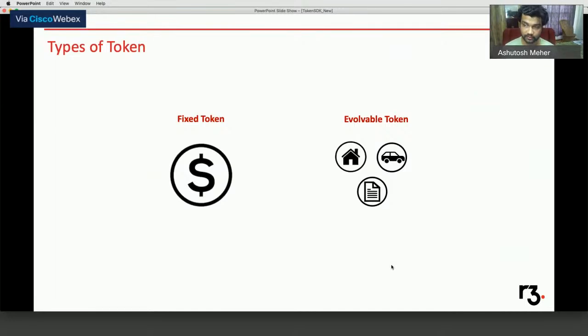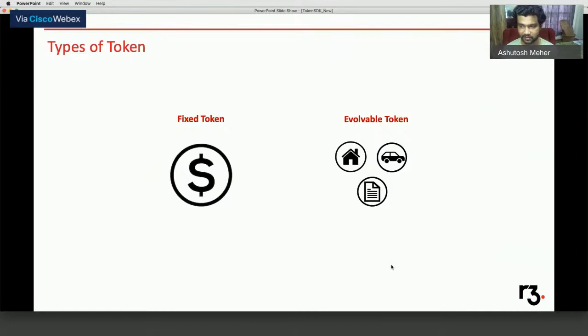But evolvable tokens are the ones which change over time. Mind you, I'm just talking about the token type. We're not talking about issuing the tokens now. Token type means the underlying asset, right? So when I say evolvable token type, it's something like your car or a vehicle. If you want to issue tokens on a vehicle, you want to tokenize a vehicle, consider that the vehicle itself could change over time.